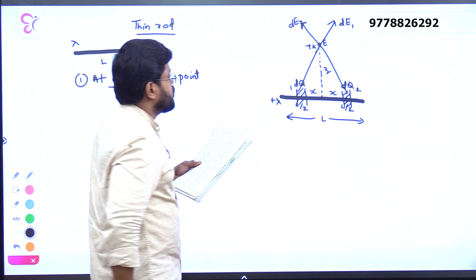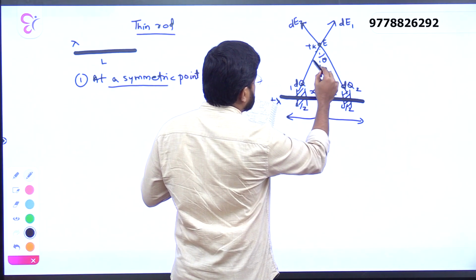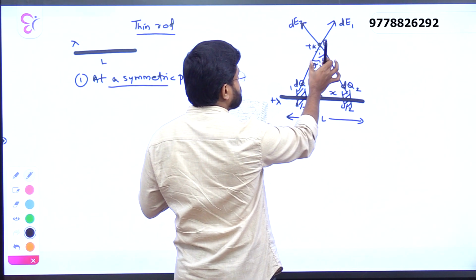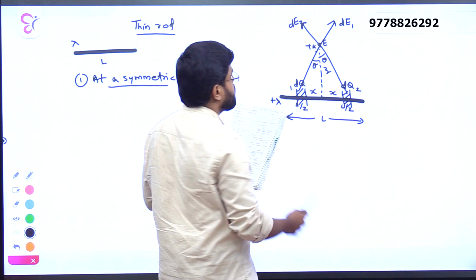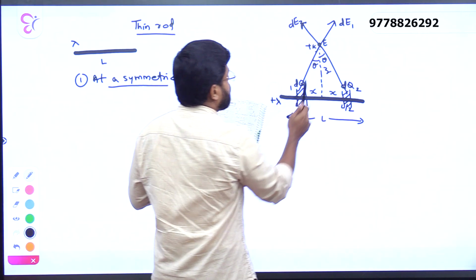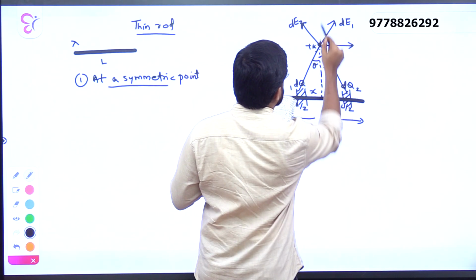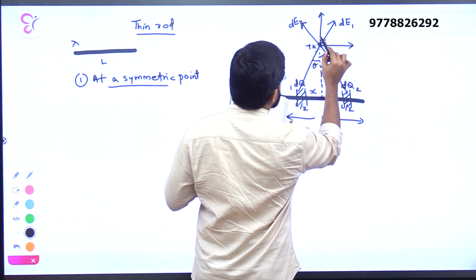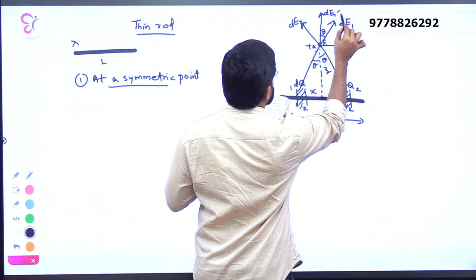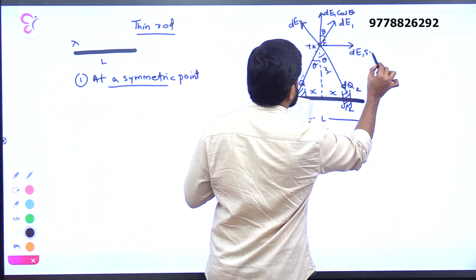Clear? These two vectors make angle theta, this is also theta, because this is x and this is z. So both angles will be the same, and we can resolve dE1 and dE2. This dE1 can be resolved like this: this is dE1 cos theta, and this is dE1 sin theta.